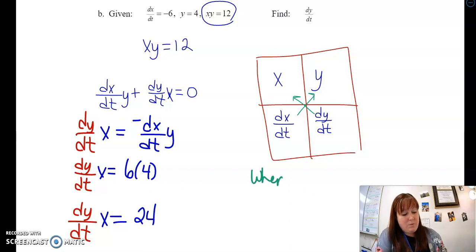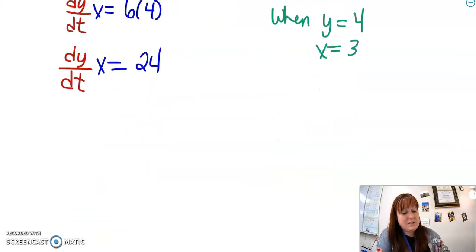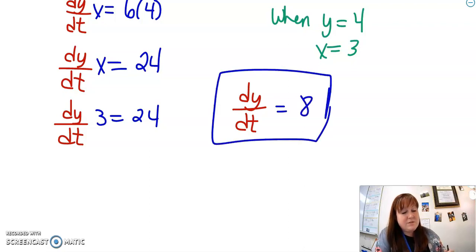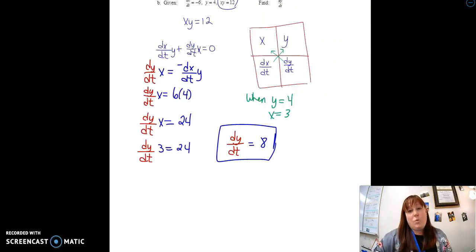So when y equals 4, x has to equal 3. So now I know what that x is going to be down here because I know how x and y are related to each other. So that's dy/dt times 3 equals 24. Therefore, our final answer, now that we can finally get dy/dt by itself, is 8. That means the rate of change of y with respect to time is 8 when y is equal to 4.